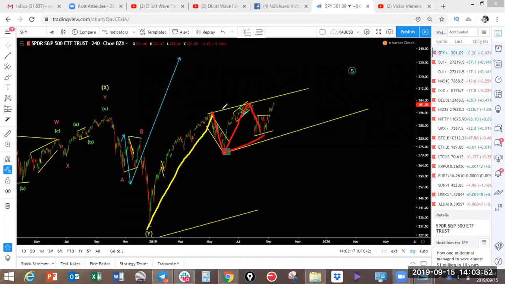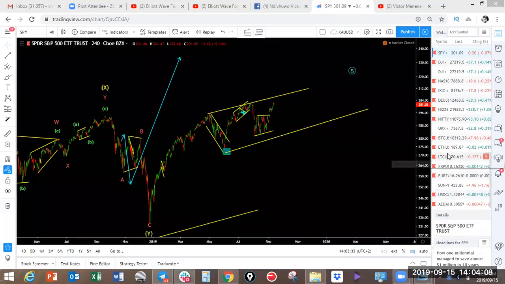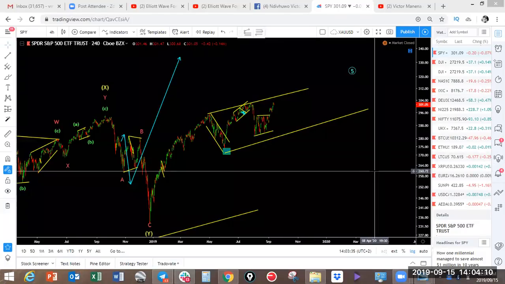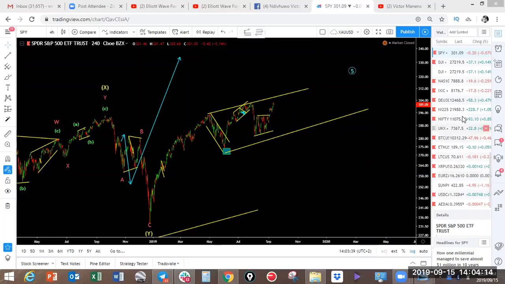Now, if this is wave 2, we could be going through the wave 3 in yellow here, so this could push higher. If it pushes higher like this, it invalidates the diagonal, and then we would rather have an impulsive move in 5 waves. Either way, a diagonal and an impulse are both motive waves, and we'll be looking for either to happen there. Okay, so that is the S&P 500.